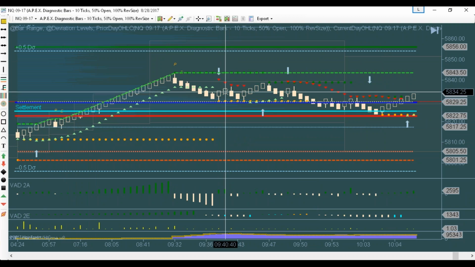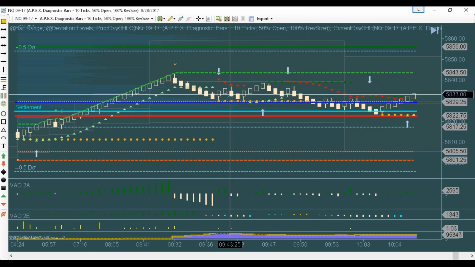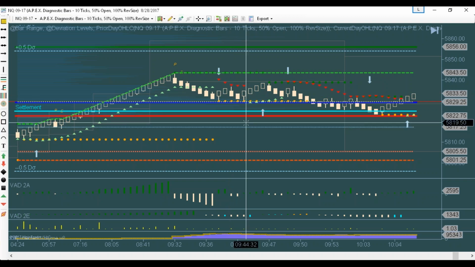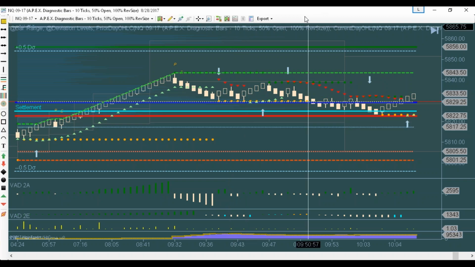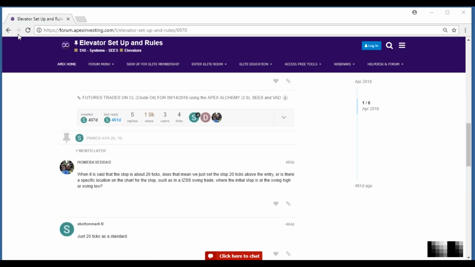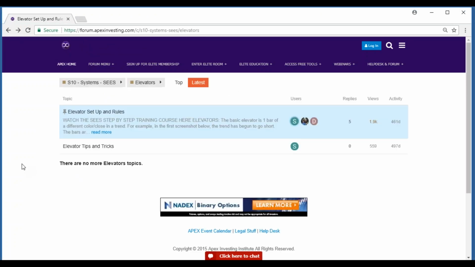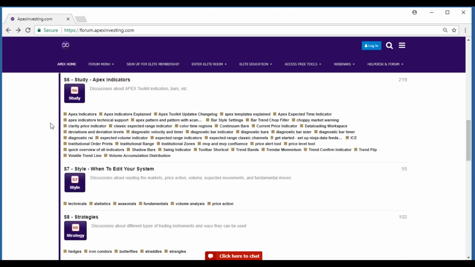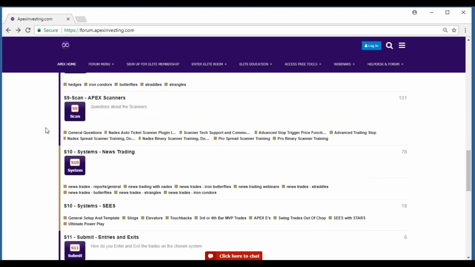If we have an up close bar here, an up close bar here, then a down close bar, and then an up, you're chopping. So those are elevators, really easy to understand. Again, you can go through these forum posts and the step-by-step courses and videos.